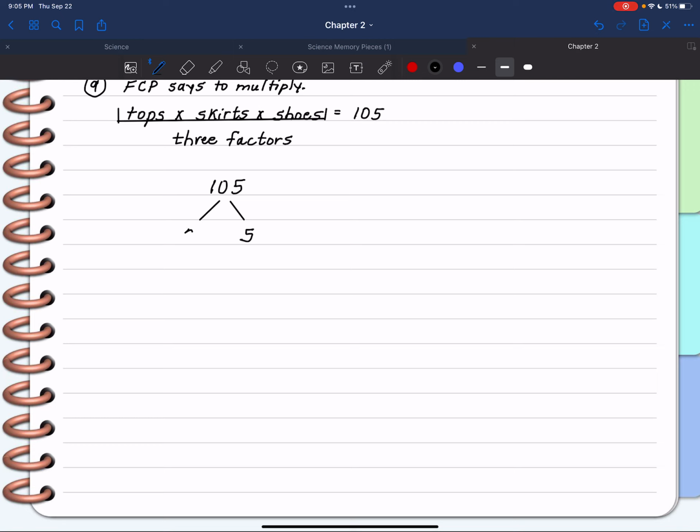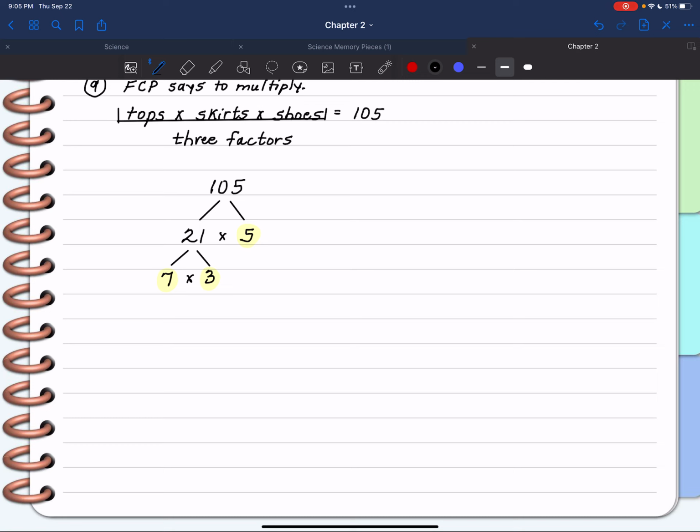Okay, so this will be 2 factors that give me 105, but we need 3 because we have to have tops, skirts, and shoes. So which one of these will break down further? Well, it's 7 and 3. So 7 times 3 times 5 is 105. Those are the 3 factors, I think. I'll have to read the problem and see if it fits. But these are 3 factors that could work.